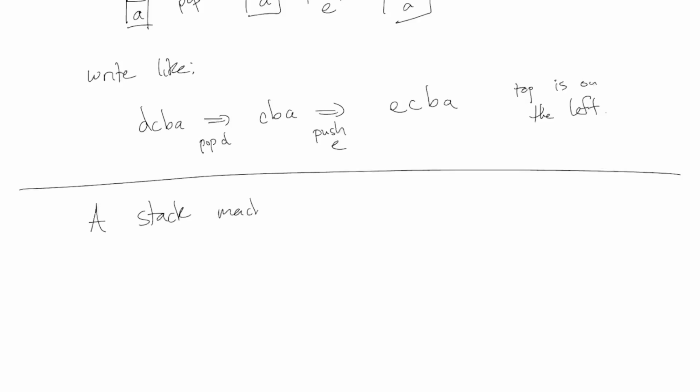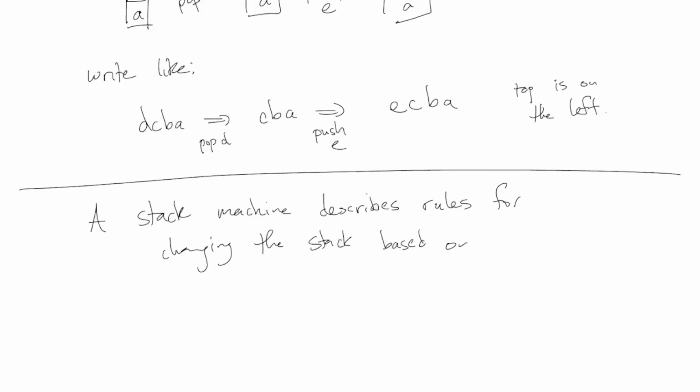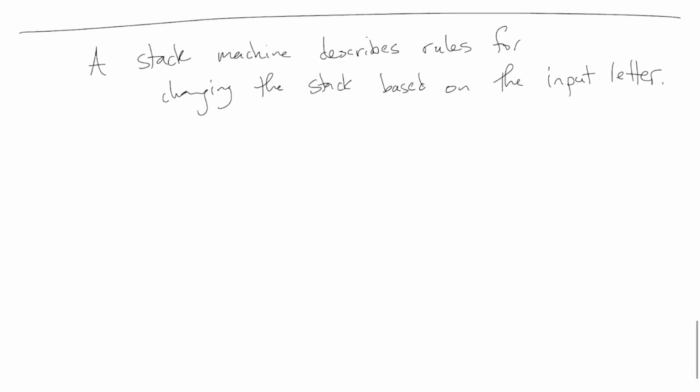So a stack machine describes rules for changing the stack based on the input letter. Right? If I read an A next in the string, then do this to the stack. If I read a B, then do this to the stack. That's the idea. So maybe we'll just do an example here.